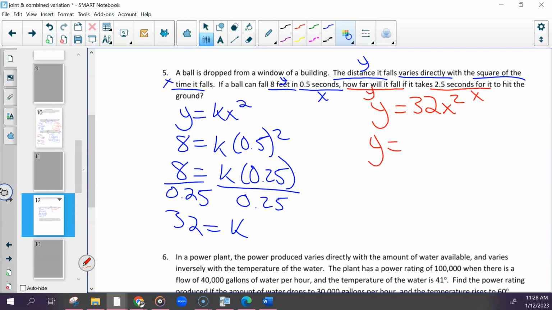So keep y the same, put your value in for x. And you can either put that into your calculator all at the same time or do 2.5 squared and then multiply it by 32.